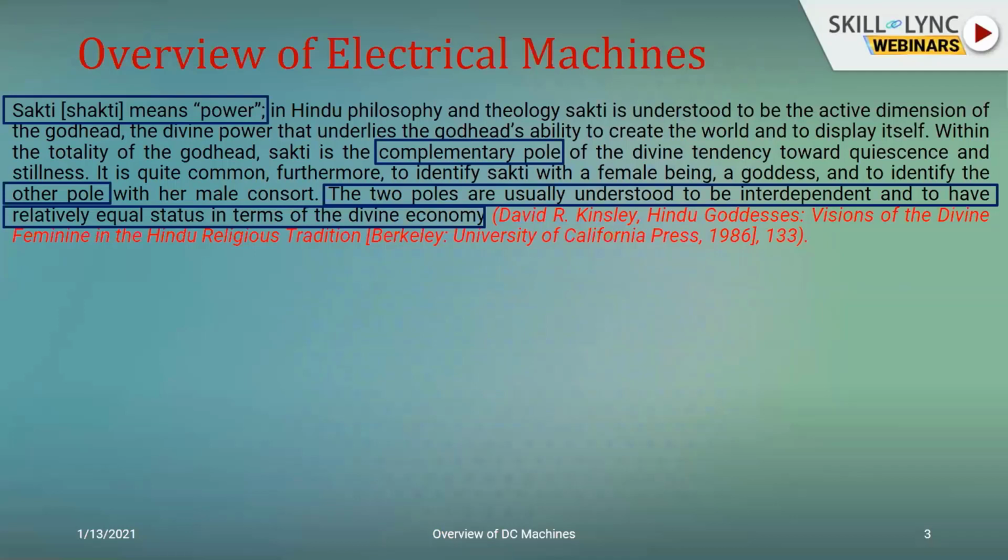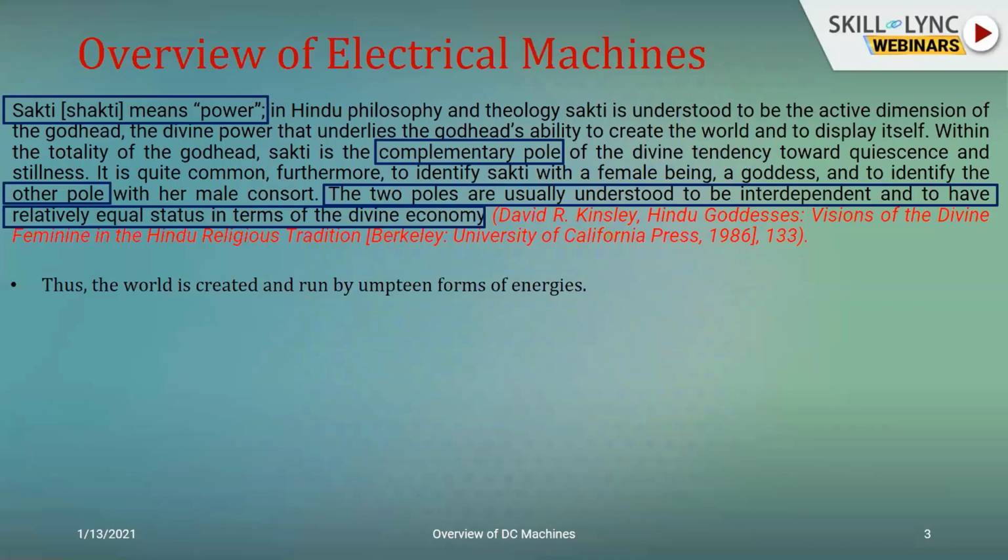So from that perspective, this particular quote is a very powerful quote, and it shows how philosophy can be related to engineering. The keywords are very much in use even in our engineering concepts, and we try to explain them from the math perspective, whereas here I just try to introduce it with a philosophical quote.